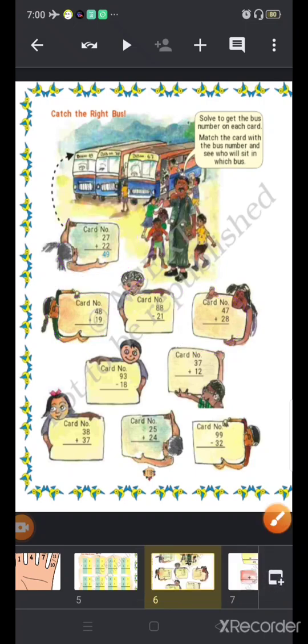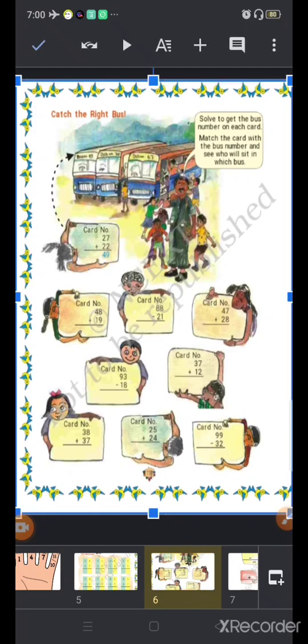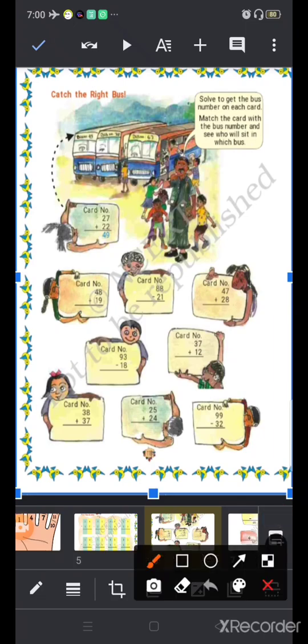Okay, so the first one is already done for you. See, here the first one is 27 plus 22. So 7 plus 2 is equal to 9 and 2 plus 2 is equal to 4. So 27 plus 22 is equal to 49.